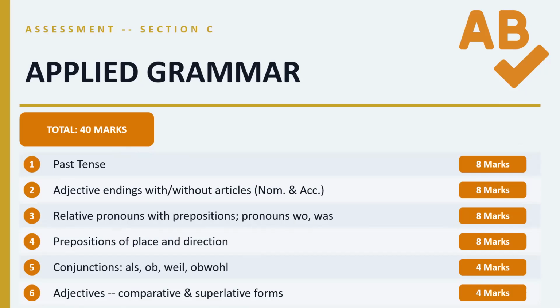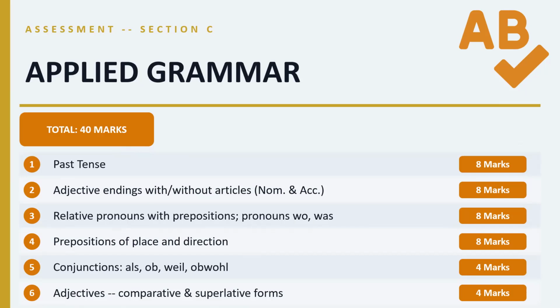In writing skills, there's subjectivity. In the unseen passage, there's uncertainty. But this 40 out of 40 is something you can prepare well for. So your target should always be 40 out of 40 for this section. Once you do this section very well, 50% of your syllabus is done.